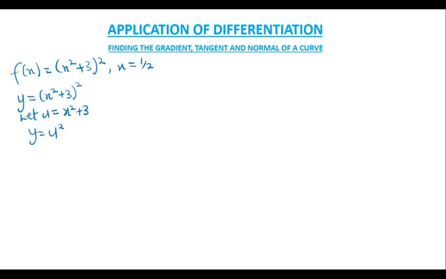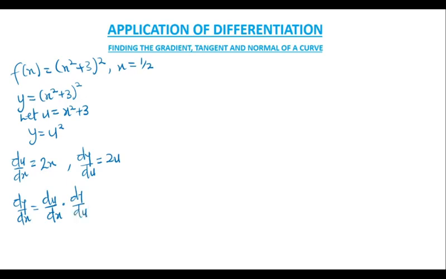If we differentiate u, we have du/dx equal to 2x, since differentiating x squared plus 3 gives 2x. If we differentiate y, we get dy/du equal to 2u. So to get our dy/dx, we need to multiply du/dx by dy/du.